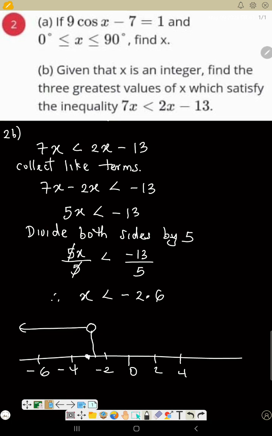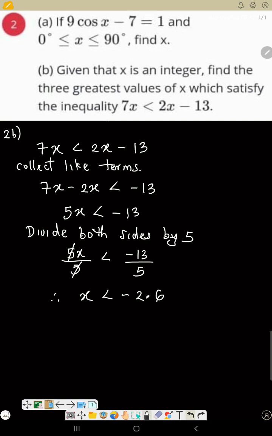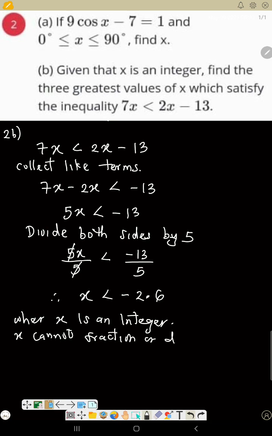But what the question asks is, find the 3 greatest values of s which satisfy the inequality. And there is one thing we need to consider also in the question. The question says s is an integer. Now, because s is an integer, then s cannot be a fraction or decimal.